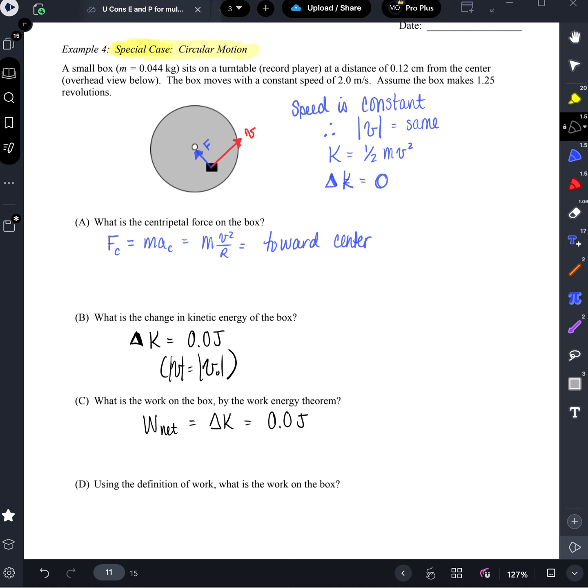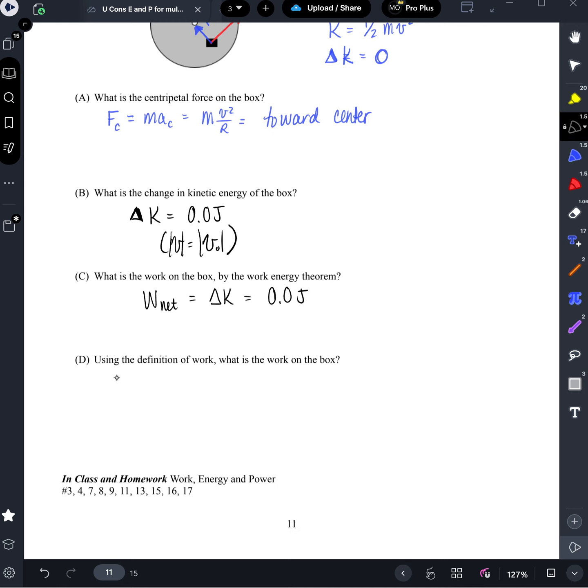But using the definition of work, and what is the definition of work? The definition of work would be that work is F d cosine theta. So we drew in the velocity overhead, but remember, velocity and displacement have the same direction, and those are tangent to the path.